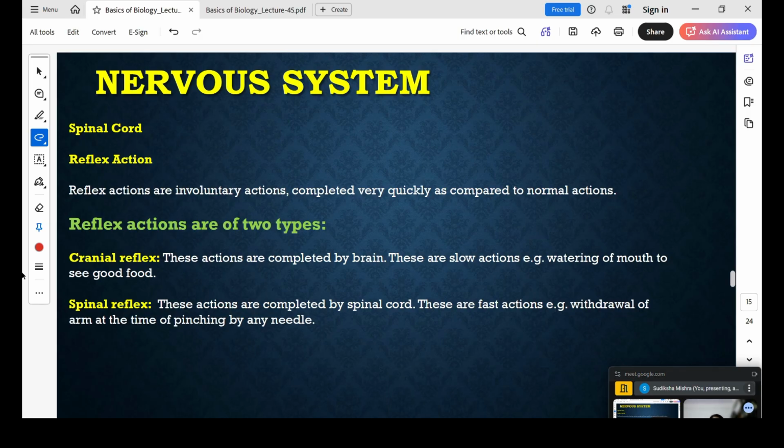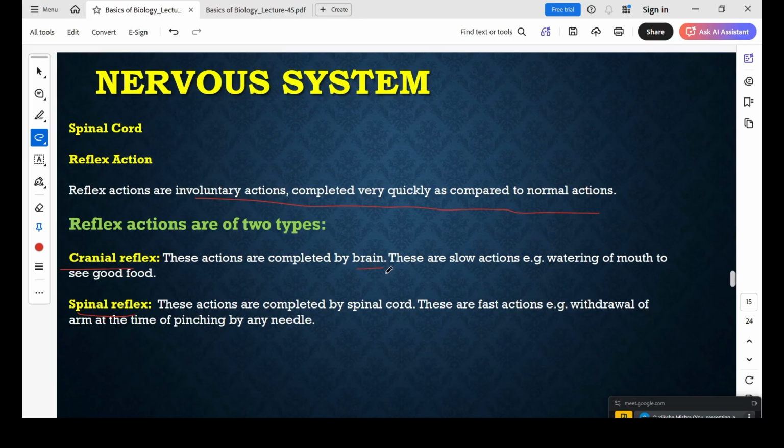So reflex actions are involuntary actions completed very quickly as compared to normal actions. These are different from normal actions because there is very little control over all of these actions. So they are of two types: cranial reflex or spinal reflex. The cranial reflexes are, as the name suggests, completed by the brain.